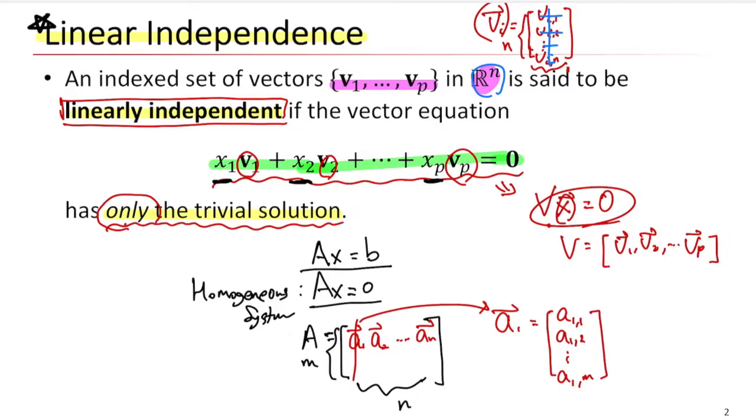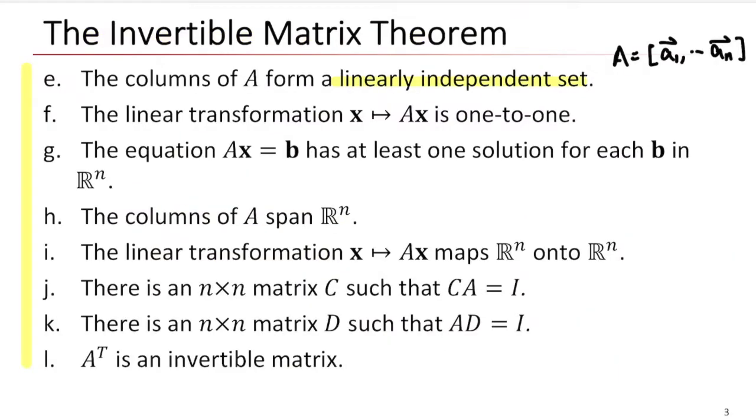The 0 vector, right? So in other words, c1 a1 plus ... plus cn an equals 0 only when c1 through cn are 0. In this case, these vectors are linearly independent, right?